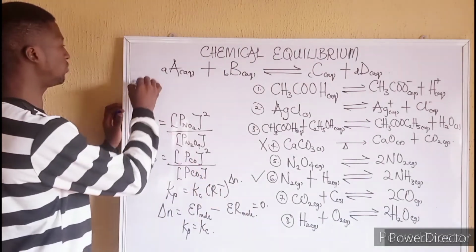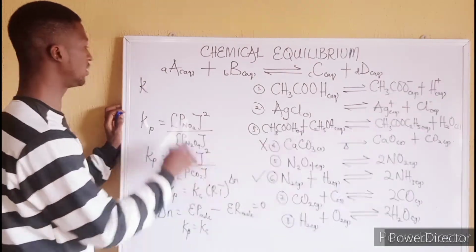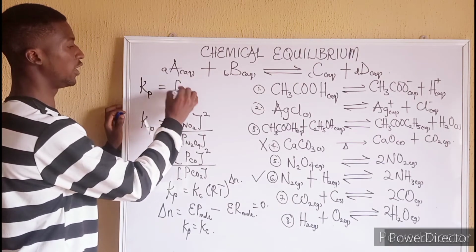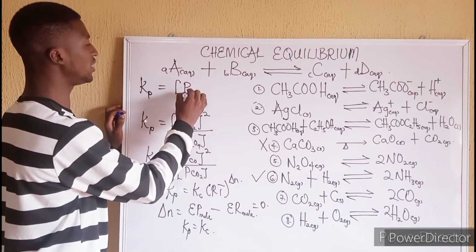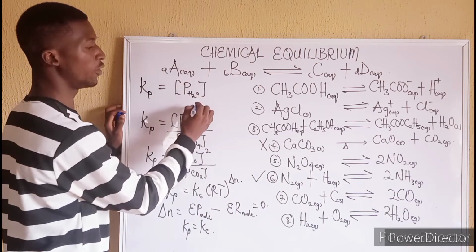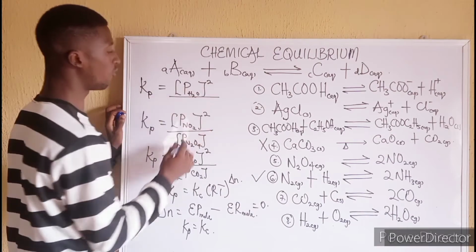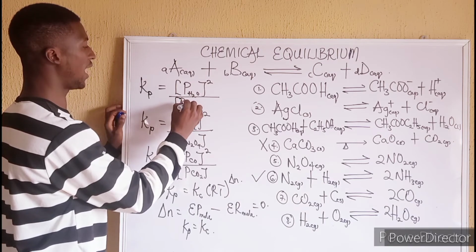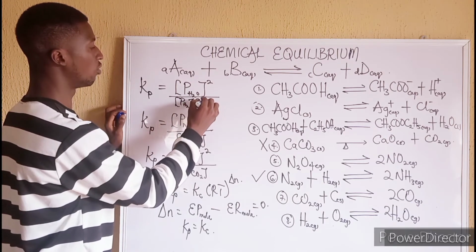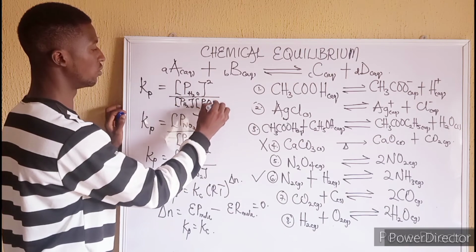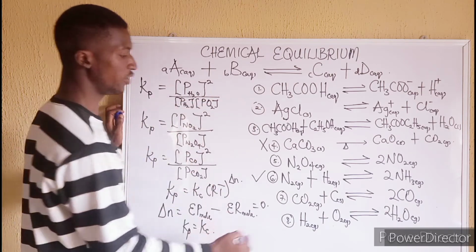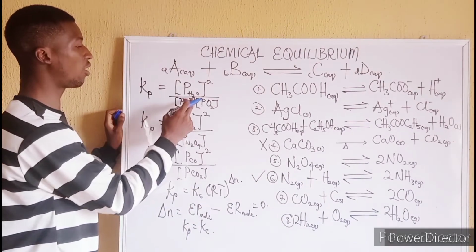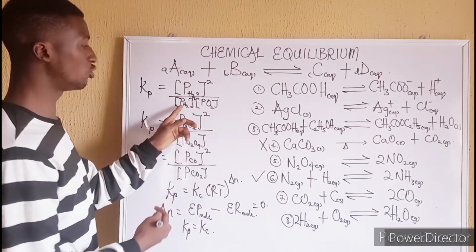So here, to express the equilibrium constant of the 8th equation, we take Kp to be equal to the partial pressure of the product, which is water, to the power of its mole, which is 2, over the partial pressure of the reactants, which are hydrogen gas and oxygen molecule. But looking at this equation carefully, you realize that it is not balanced until you add 2 here, to be having a power of 2. So this is how they came about the 2 that we're having here.